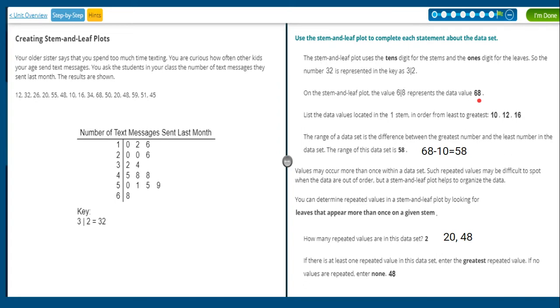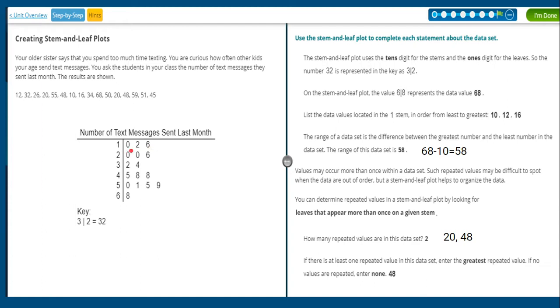All right. So now it says list the data values located in the one stem in order from least to greatest. So you find the one stem, which is right here, and they simply want you to write out the data values in order from least to greatest. So now watch. Some of you might have missed this if you put 0, 2, and 6. This data right here is not 0, 2, and 6.